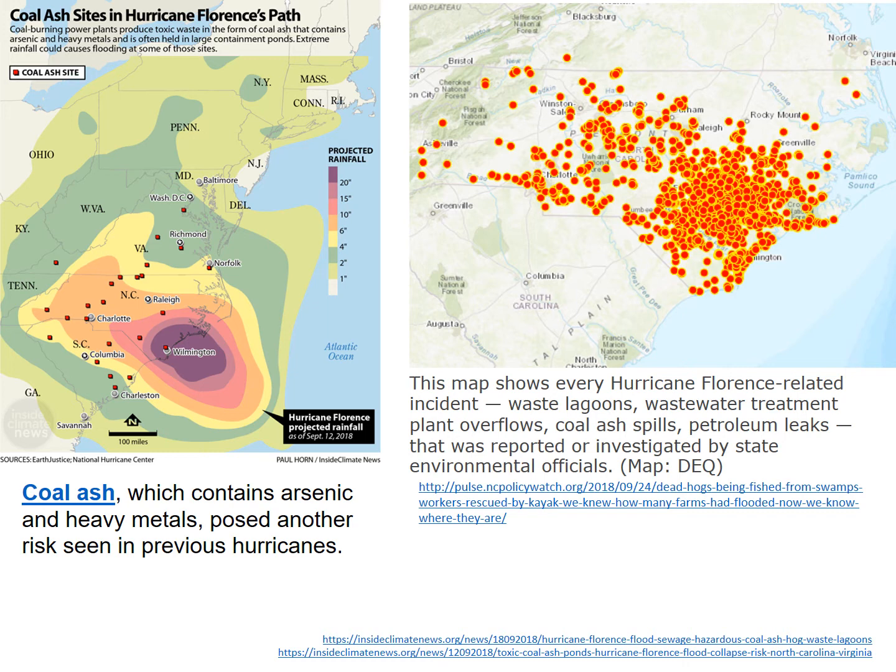So, for example, not only was the fecal waste from these animals pushed into these waterways, but there are also a lot of coal burning power plants in these general regions, and the floodwaters pushed a lot of those sediments, which contain toxic byproducts, into our waterways.